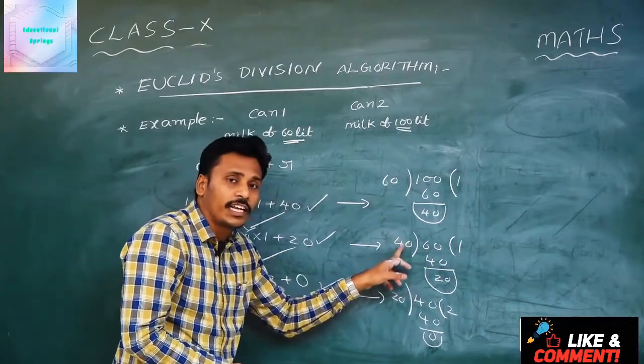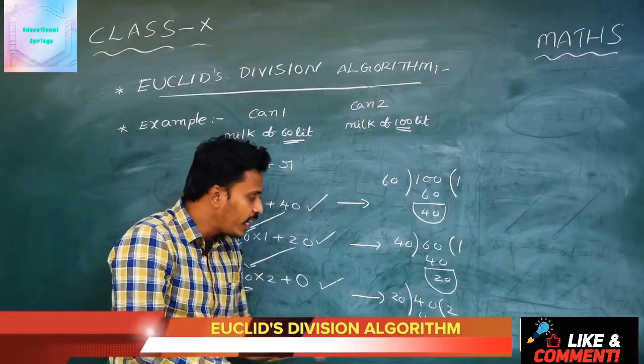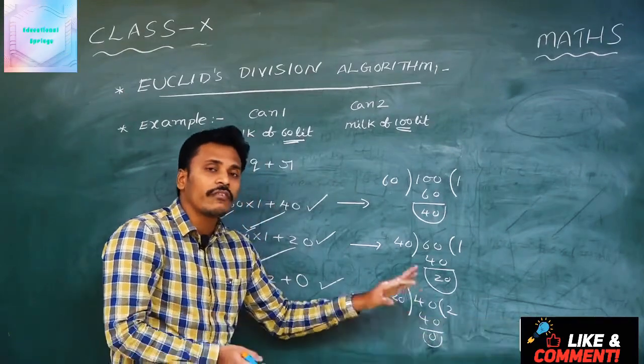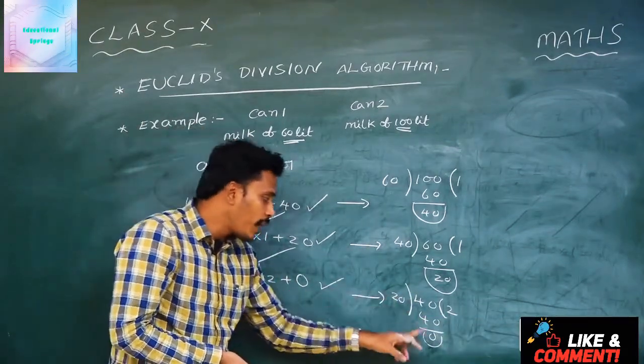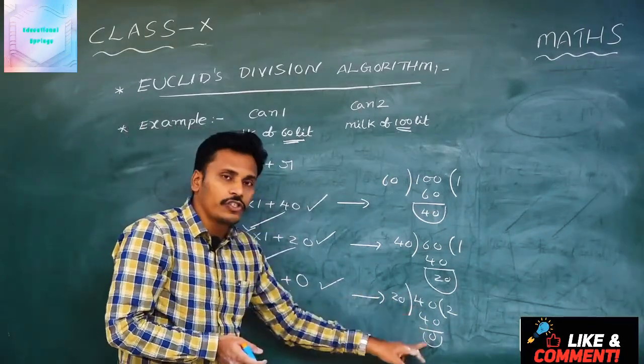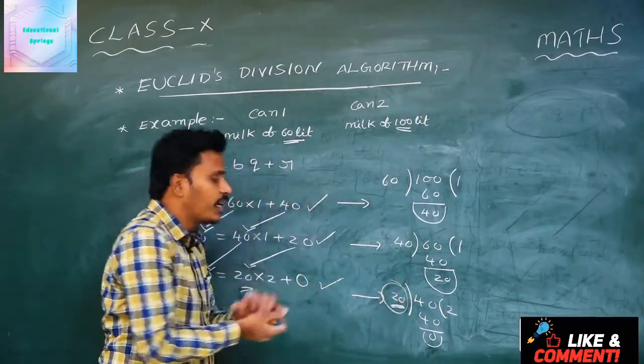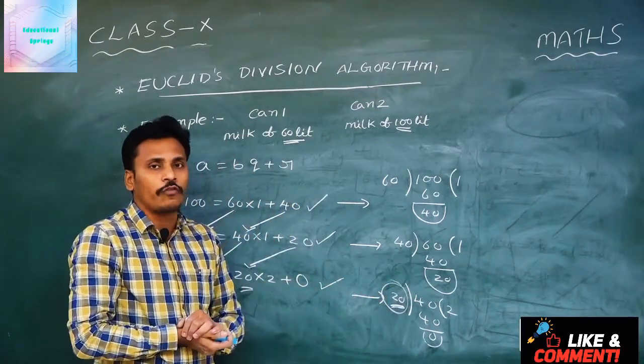Here 40 is the divisor and it becomes the dividend of the third division. At the end, since the remainder is 0 in this case, we stop the process. If the remainder is not 0, we need to continue the process. If the remainder is 0, then the divisor of the last division is the HCF of those two numbers.